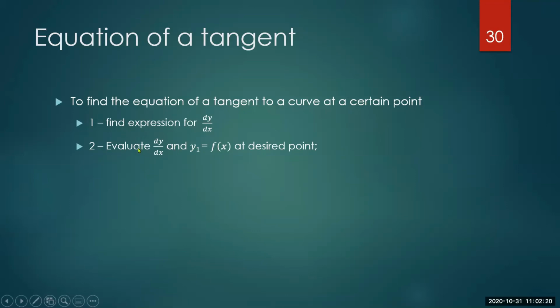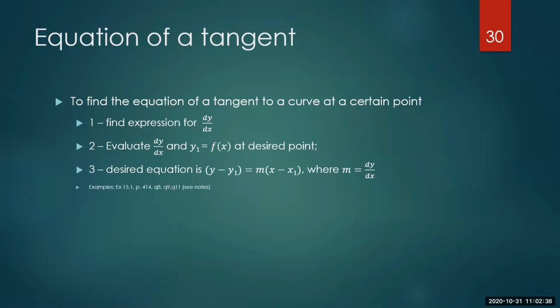The equation for the line then becomes y minus y1 is equal to m into x minus x1, where m is equal to dy dx. It's a reasonably straightforward process.